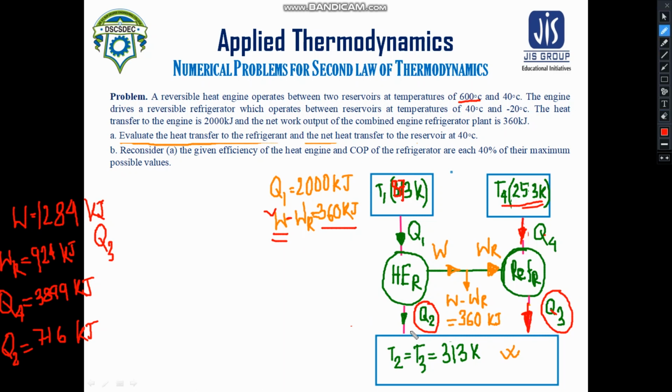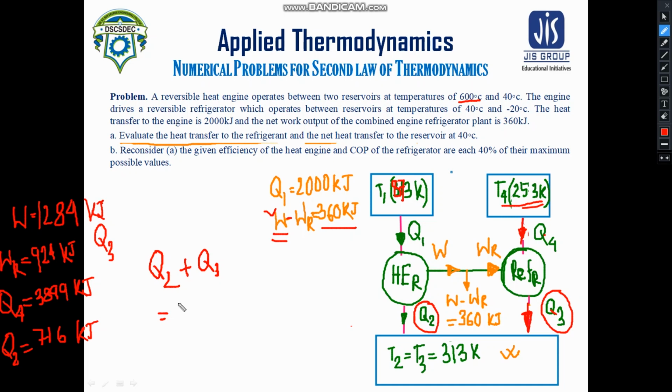That means we need to calculate this Q2 and Q3. So Q2 plus Q3 is the net heat transfer to the 40 degrees Celsius reservoir, and it can be calculated as we have already found out the value of Q3.